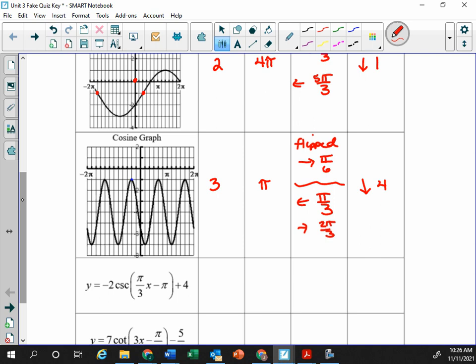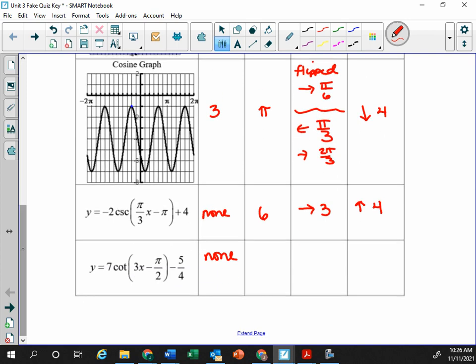They still have a vertical stretch, all of that, but there's not a measurable height because the graph goes to infinity. So you would just say none for both of those on the amplitude part, okay? Scroll down. And then be careful, period of cotangent, remember, is pi over b, not 2 pi over b.